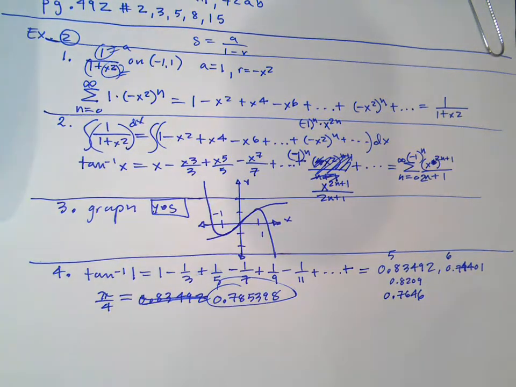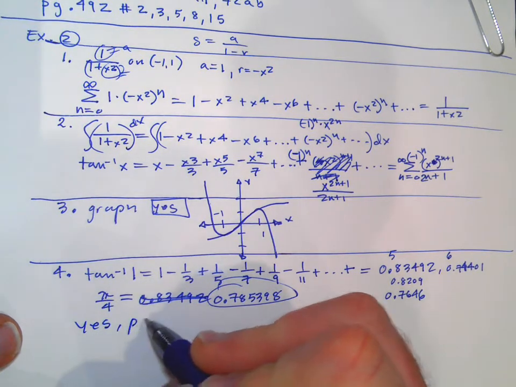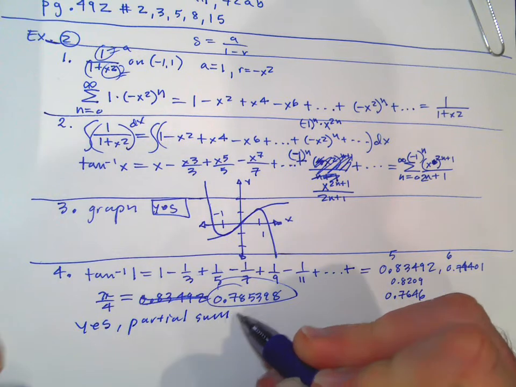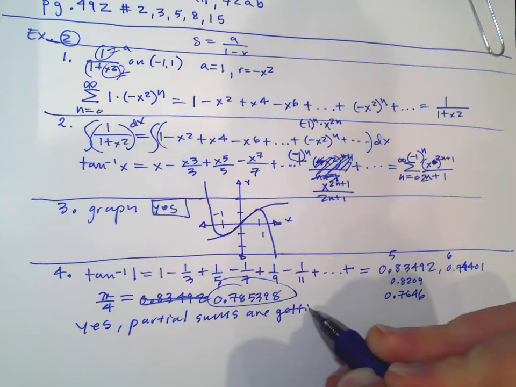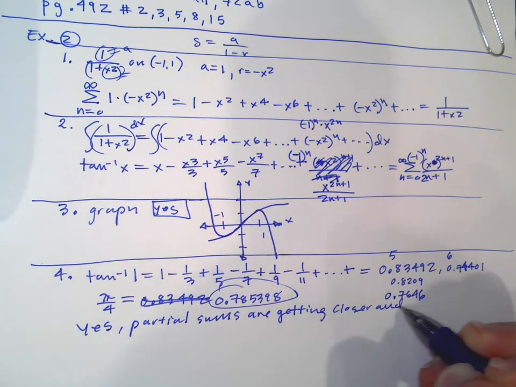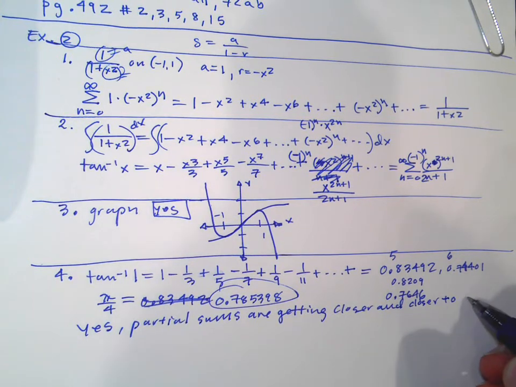So I'd say that seems like a pretty good support. Yes, partial sums are getting closer and closer to the value.